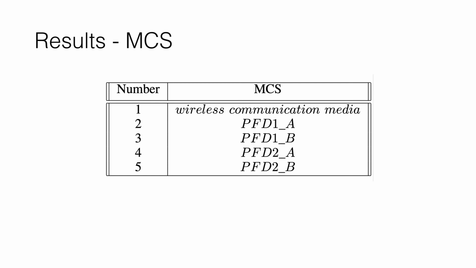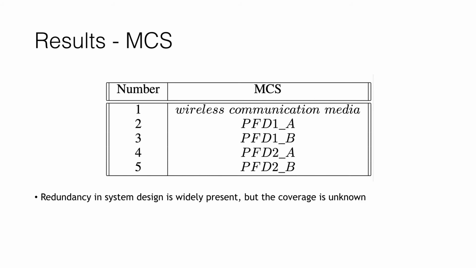And when we look at the qualitative analysis that's done to find the minimum cut set, there were 5 single point failures that were found. And you can see the number 1 is the wireless communications media. Redundancy is present, but the coverage is unknown.